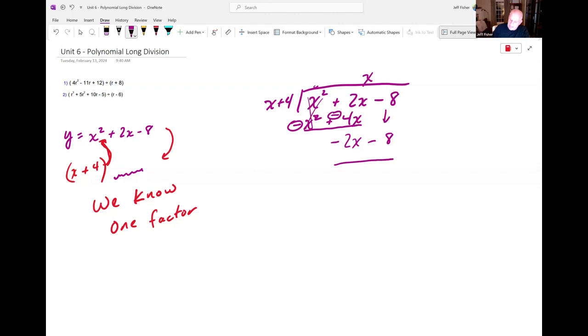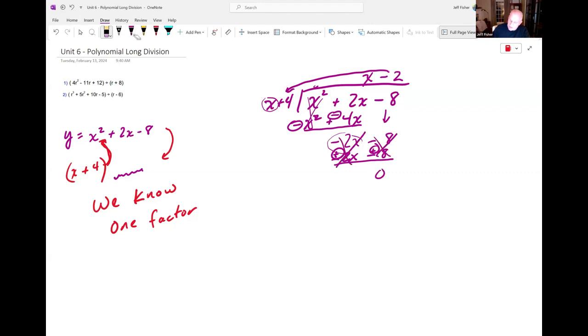And now we ask, what do I need to multiply x by to get -2x? Well, I need to multiply it by -2. -2 times x is -2x. -2 times 4 is -8. And when we change our signs, this goes away, this goes away. We have a remainder of 0.